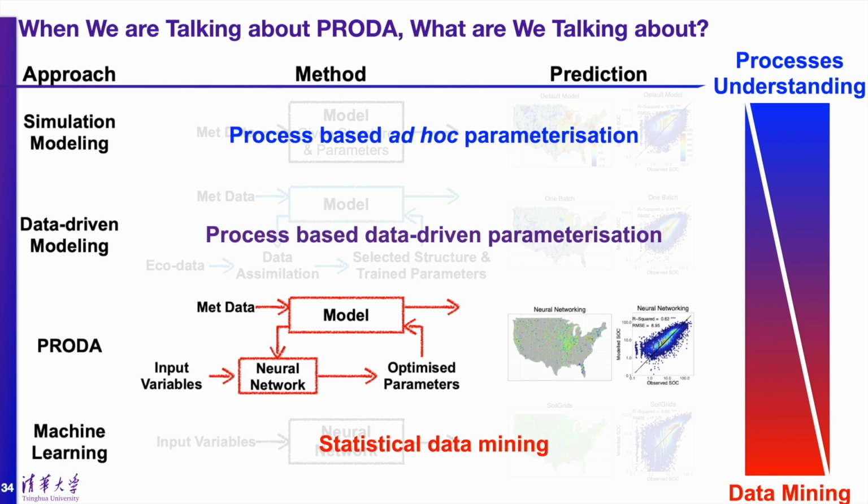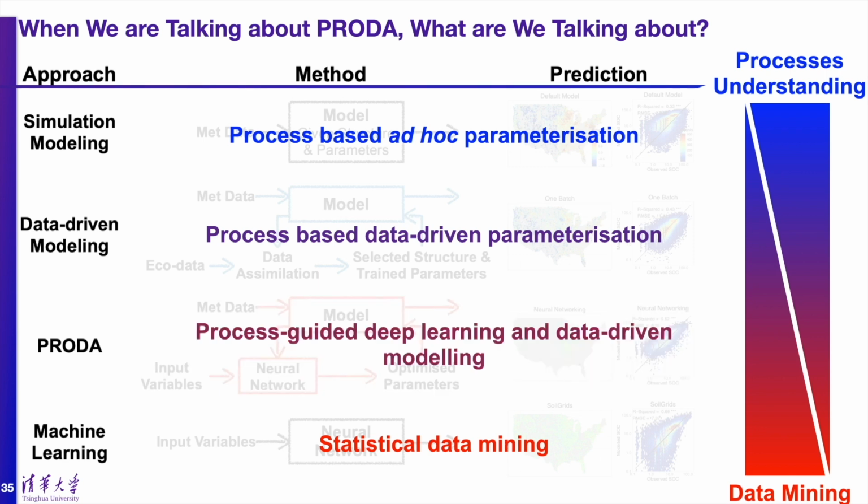Therefore, we proposed to take advantage of data mining techniques to further explore such spatial heterogeneity of parameters. We call this process-guided deep learning and data-driven modeling. That is the so-called PRODA approach.